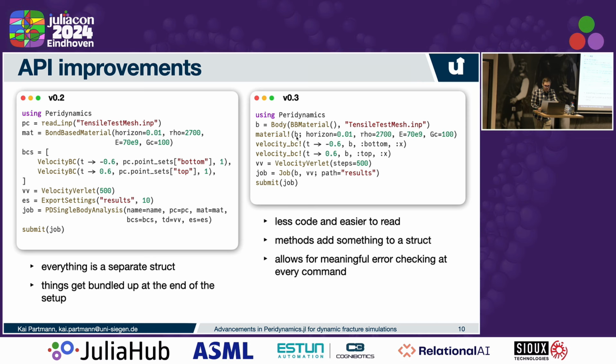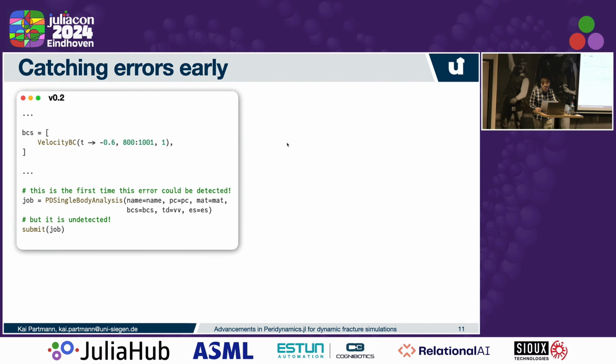So methods add something to a struct. This allows us to write more meaningful error checks. I will show you that here. That's old code, and we introduce an error purposefully. We introduce here a boundary condition that references point ID 1001, but with a body that only has 1000 points.